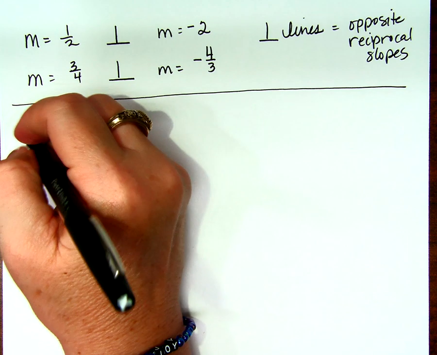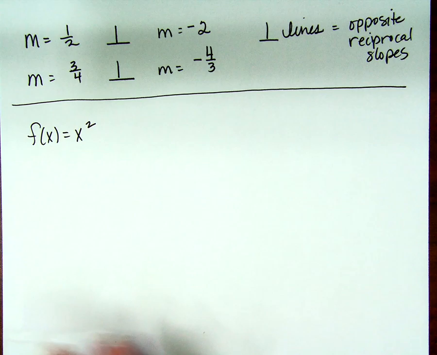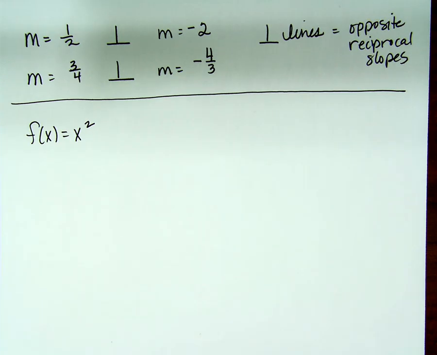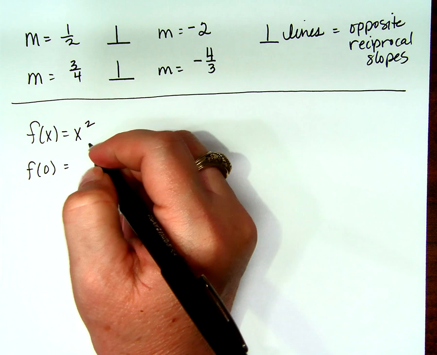Okay, so if I tell you f of x equals x squared, you know that's a parabola, and it does not have a slope per se because it's a curve, right? But I could say between these 2 points, I need you to figure out the slope between these two sets of information. So for example, f of 0 is what?